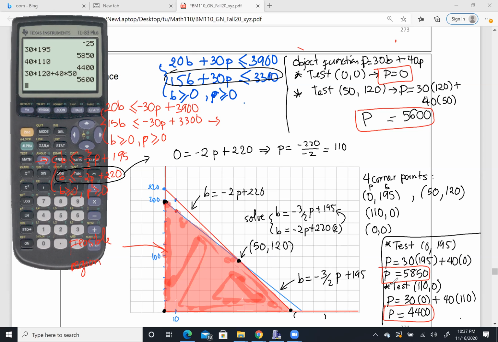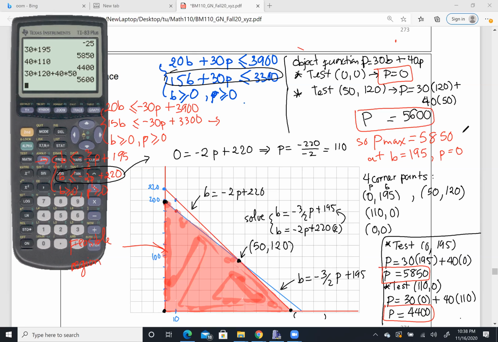I know that the p max is 5,850 at b equal to 195 and p equal to 0.